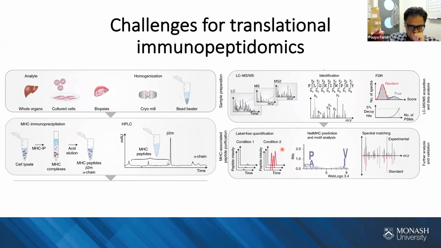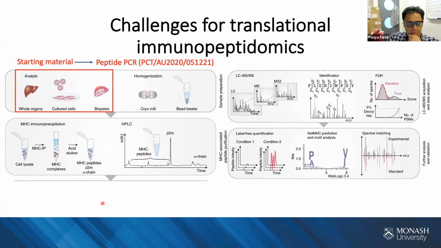Okay, I just spent a few minutes talking about how we can use the immunopeptidome for translational science. I had this slide before, but we have some challenges here. The first challenge was technique.